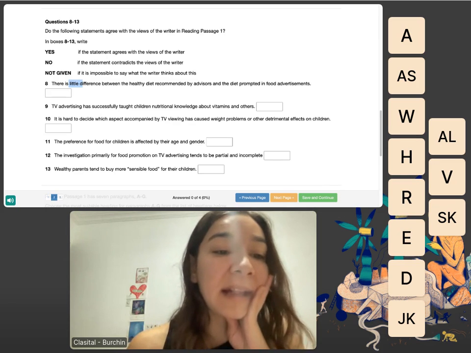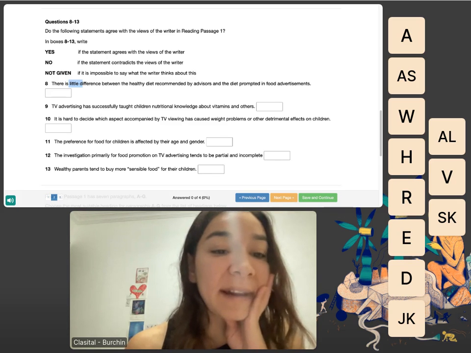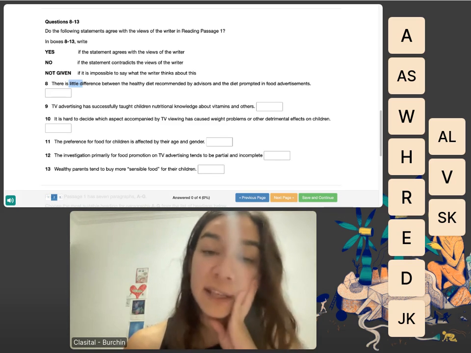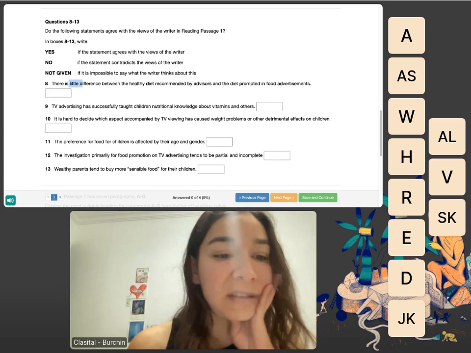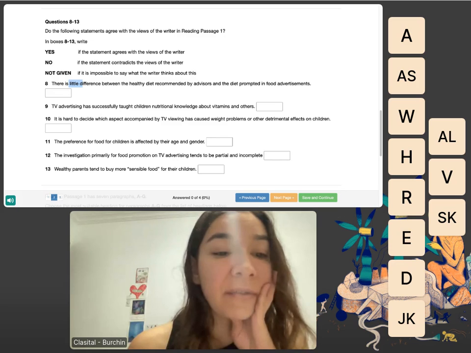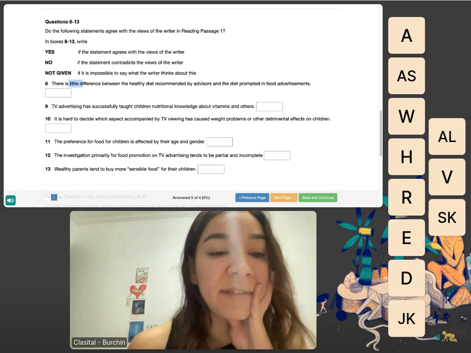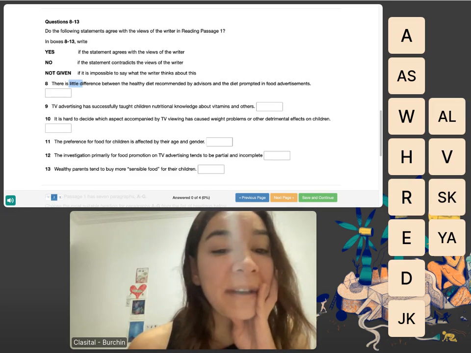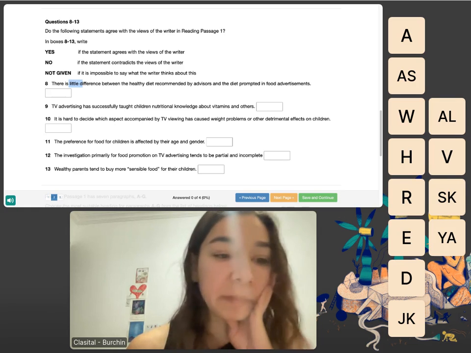Okay. 11. The preference for food for children is affected by their age and gender. I think we can find this information in the passage, but let's see. The investigation, primarily for food promotion on TV advertising, tends to be partial and incomplete. Okay, the investigation primarily for food promotion.